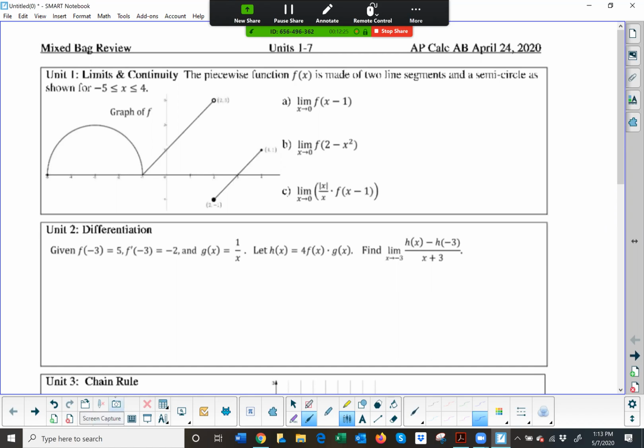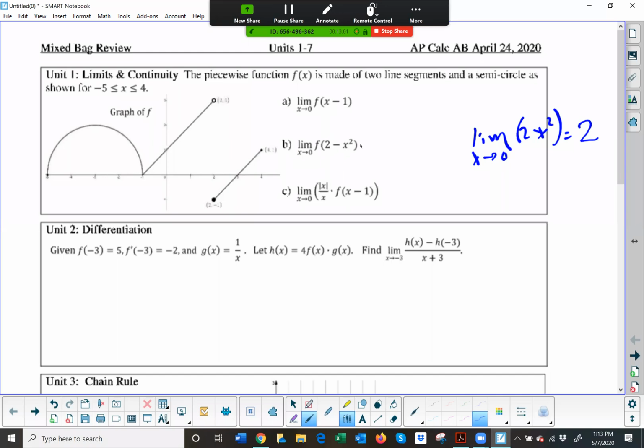Next one, let's set up the limit as x goes to 0 of 2 minus x squared. And we can figure out what that inside composite function is doing. So if we plug in 0, that would say we are headed to 2. So now I'm going to replace this with u as u approaches 2, and then I can switch that to an f of u.